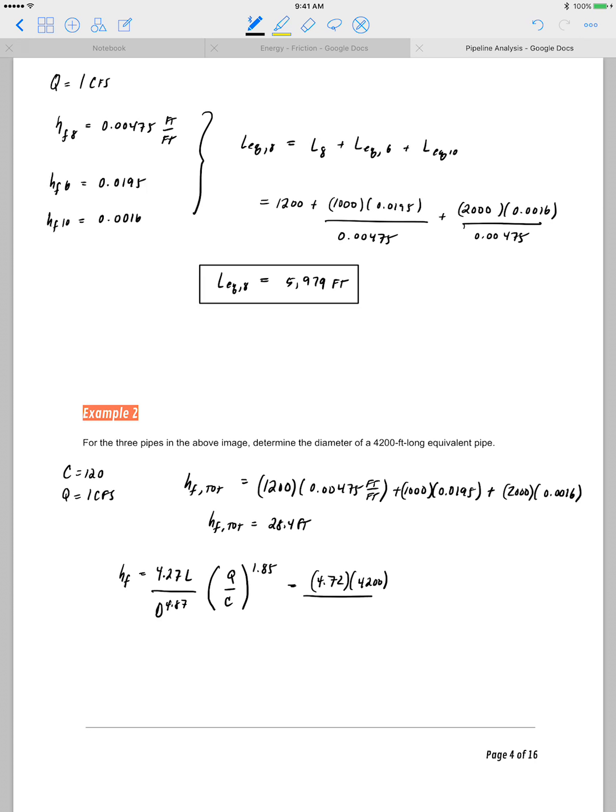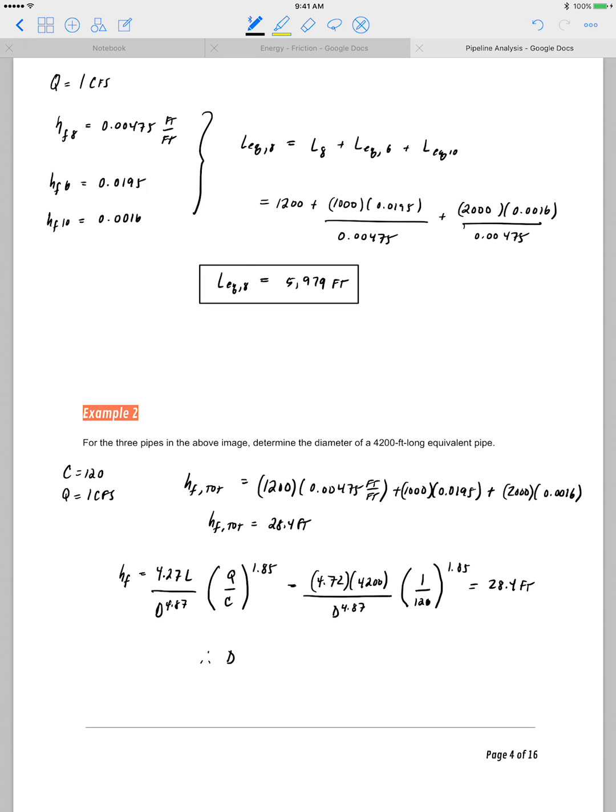4,200 feet. We don't know what D is. We're going to be solving for that with our HP35S solver function, or solving function on the calculator. We assumed 120 to the 1.85, and remember that this all equals 28.4 feet.